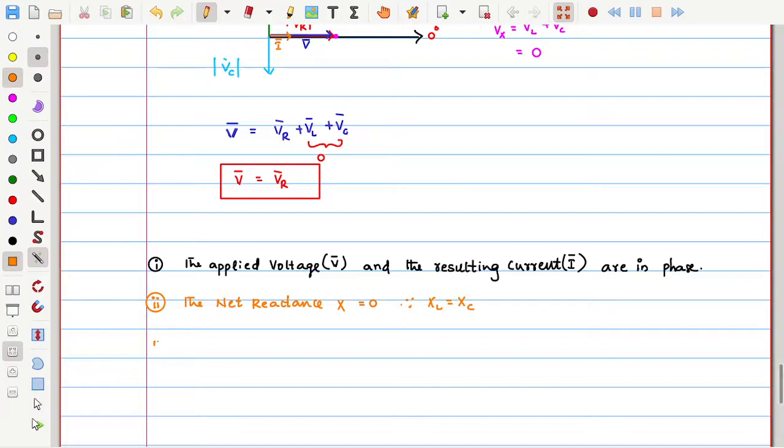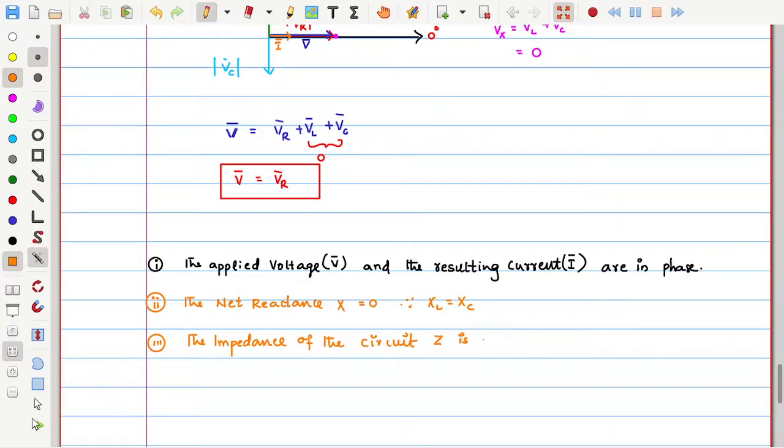Next, the third point is that the impedance of the circuit, Z, is minimum.